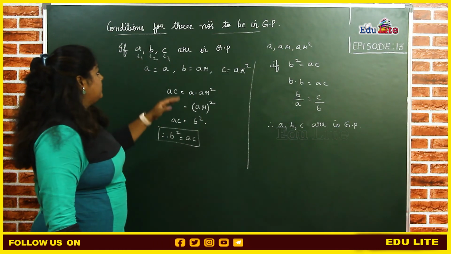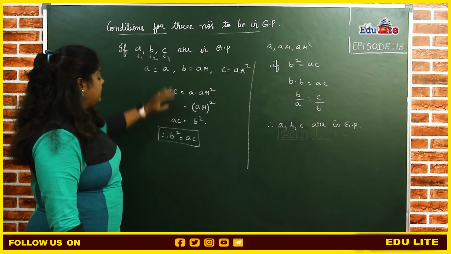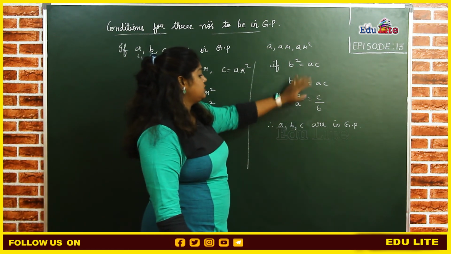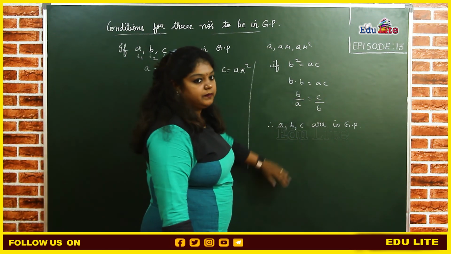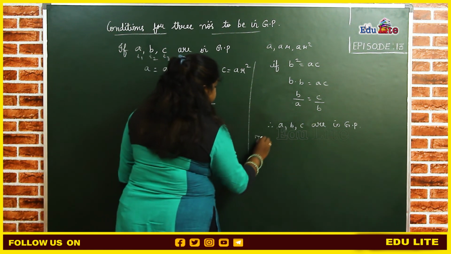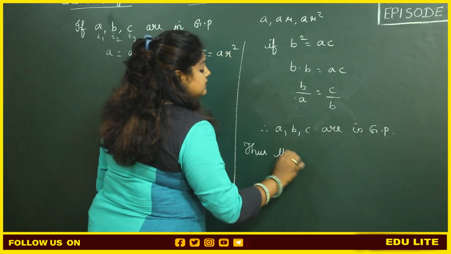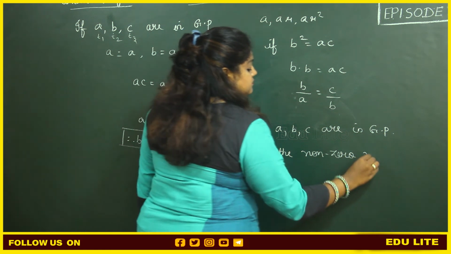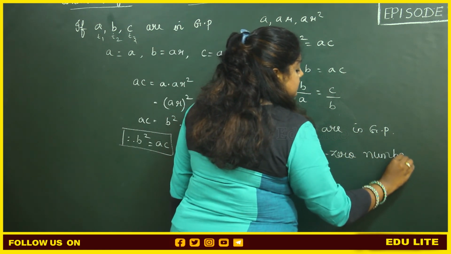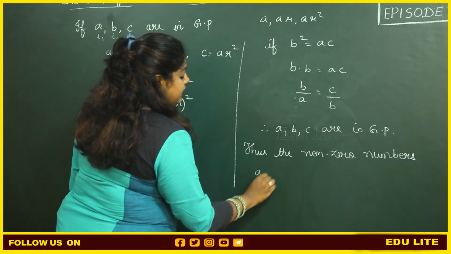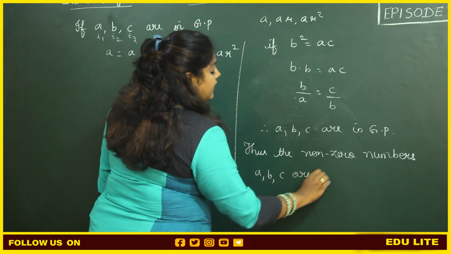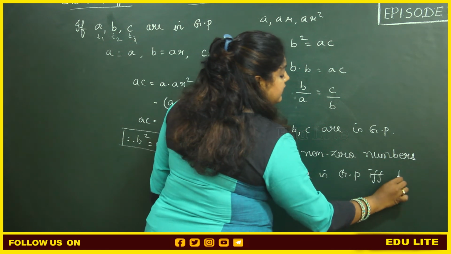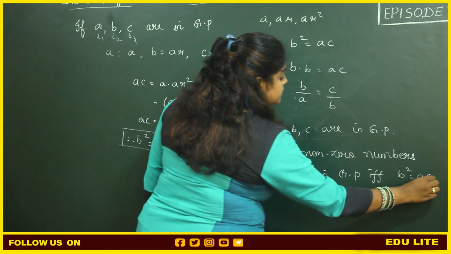So this could be proved the other way around. If A, B, C are in GP, then we can prove that B square equals AC. If B square equals AC, then A, B, C are in GP. Thus, three non-zero numbers A, B, C are in geometric progression if and only if B square equals AC.